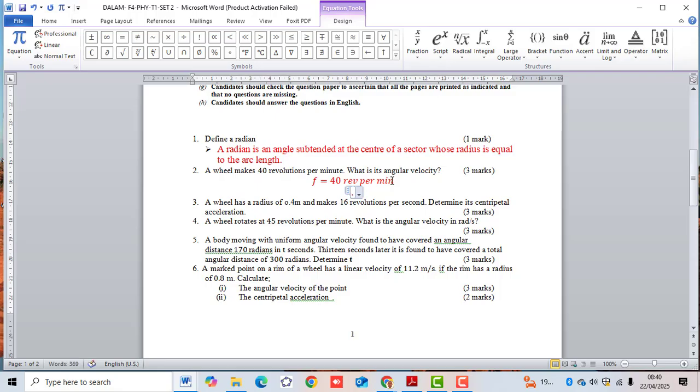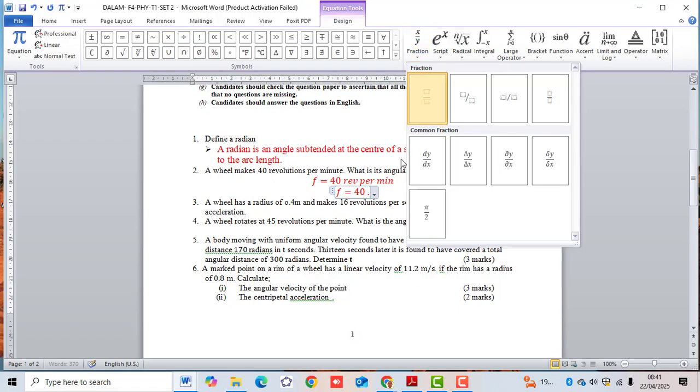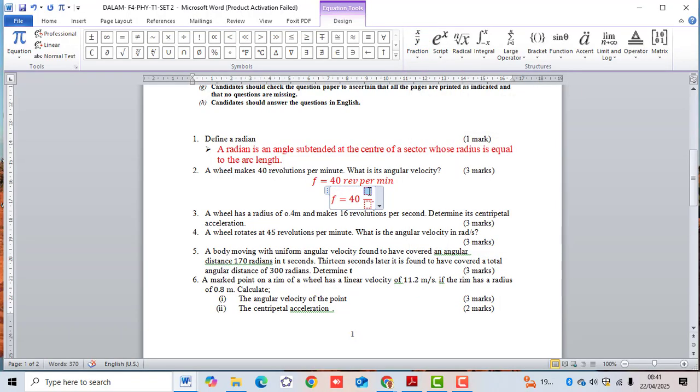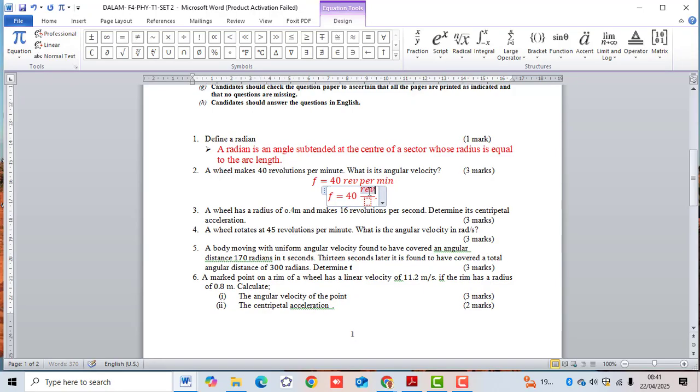So this means that our frequency will be equal to 40 revolution, and per is the same as division, so per minute is the same as over 1 minute.